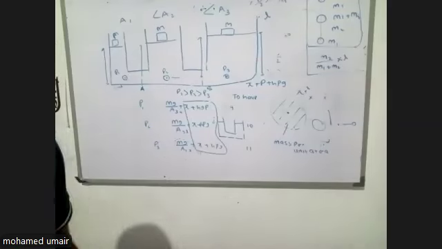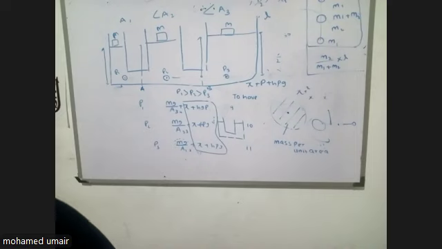And if you look at statement number 4, when both the valves are open, block Q will rise up and P and R will move down. That is wrong, okay? Just get the idea why it is wrong.